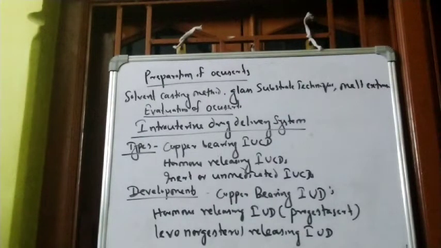In the glass substrate technique, we prepare the drug reservoir film by soaking it with a 1% polymer solution in acetic acid solution for 24 hours. For that we generally prefer chitosan as the polymer, and we soak it in acetic acid solution for 24 hours to get a clear solution of polymer.